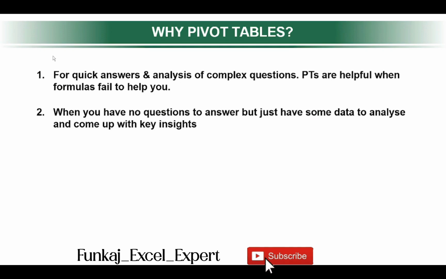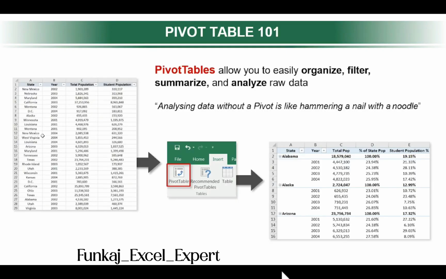Which brings us to the second slide: pivot tables allow us to easily organize, filter, summarize, and analyze raw data. They are drag and drop tables which allow you to have flexible views and get the answers to different questions really easily. Here's my favorite quote: analyzing data without a pivot is like hammering a nail with a noodle. It doesn't make any sense.